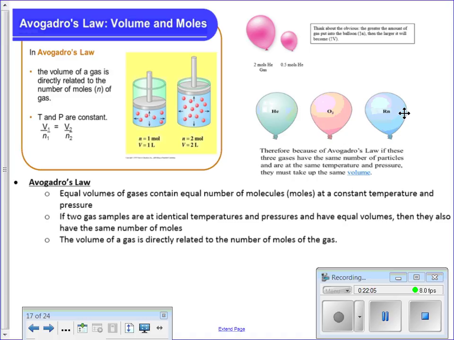So if all of these balloons have the same volume, then they all have the same number of moles of their respective gases. So for instance, if I have 5 moles of helium, because all of these balloons are the same volume, temperature, and pressure, then I would also have 5 moles of oxygen gas and 5 moles of radon gas. Okay, that's extremely important that you understand what that means.